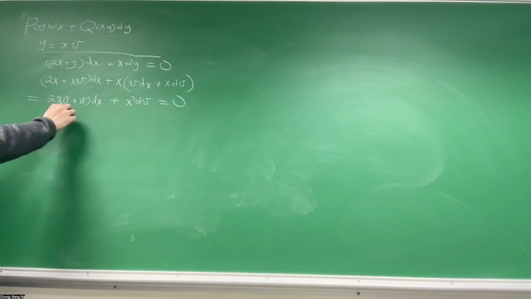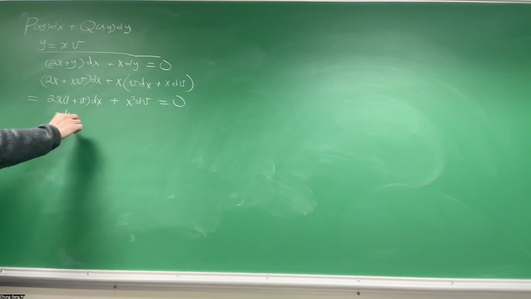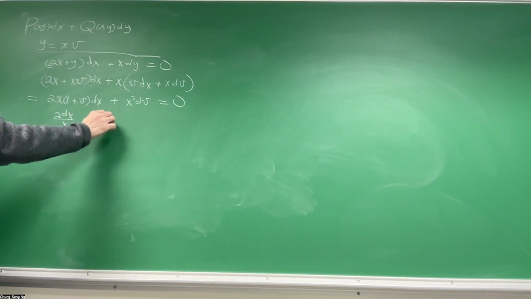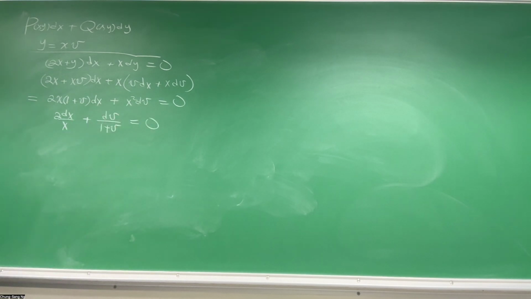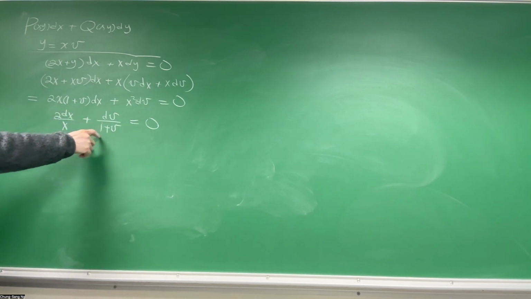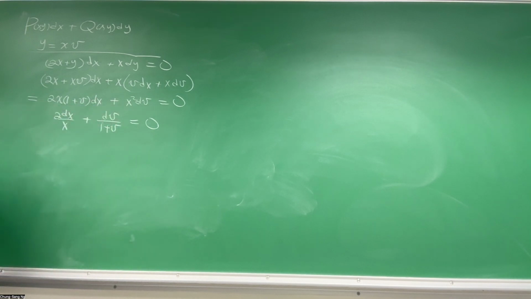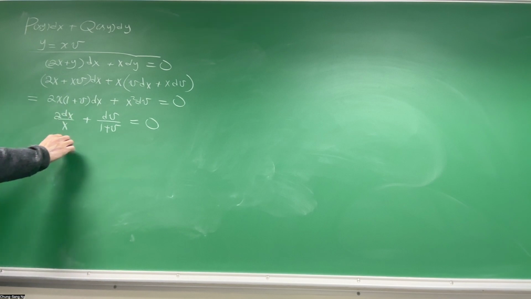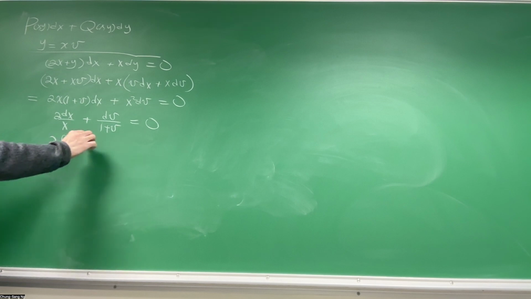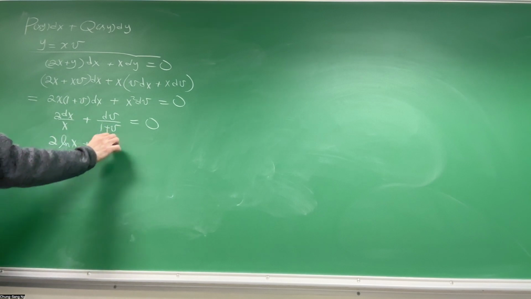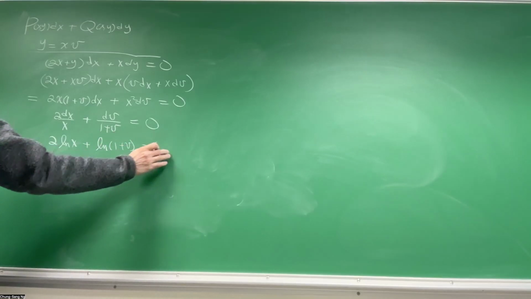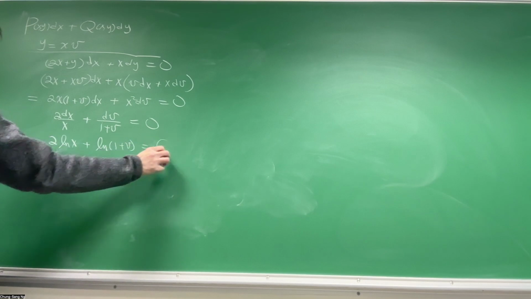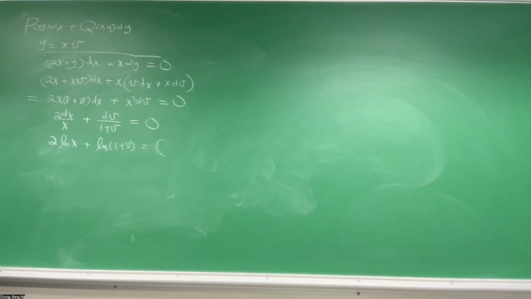So you have 2 dx over x plus dv over (1 plus v) is 0, right? And now this is separable, then you can solve for it directly by integrating: 2 log x plus log (1 plus v) equals a constant. I mean, you can set the constant later.